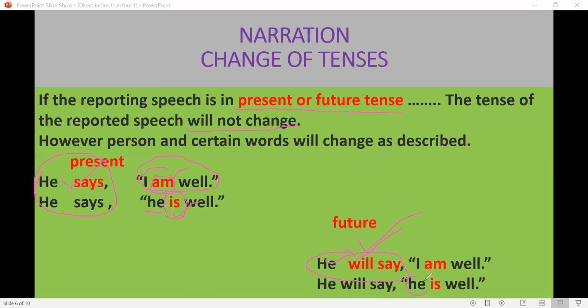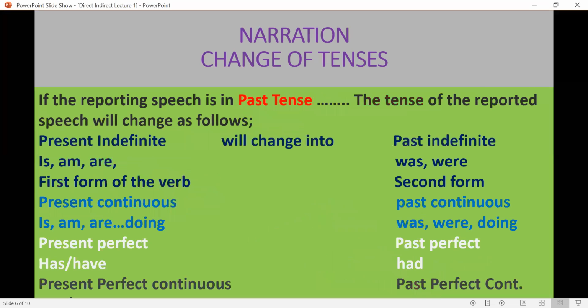However, we made a change of pronoun, but we do not change the tense of the sentence. If the reporting speech is in present or in future, the tense of the reported speech will not change while changing a sentence from direct to indirect narration.